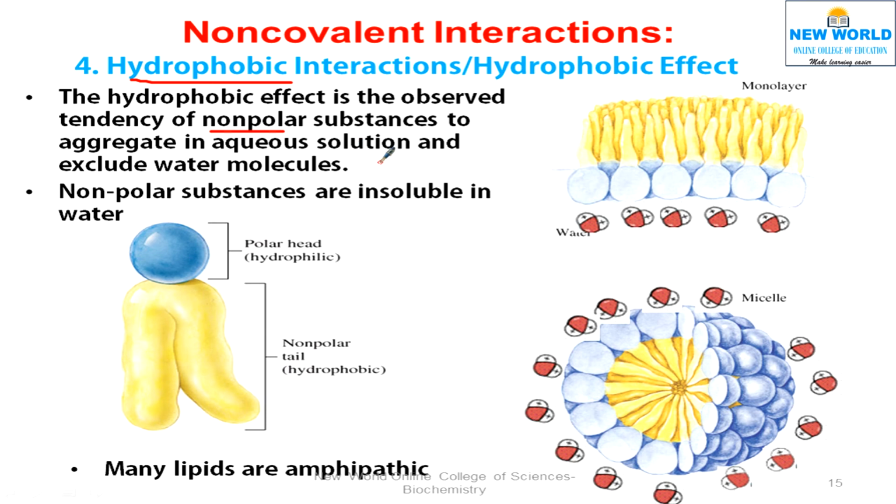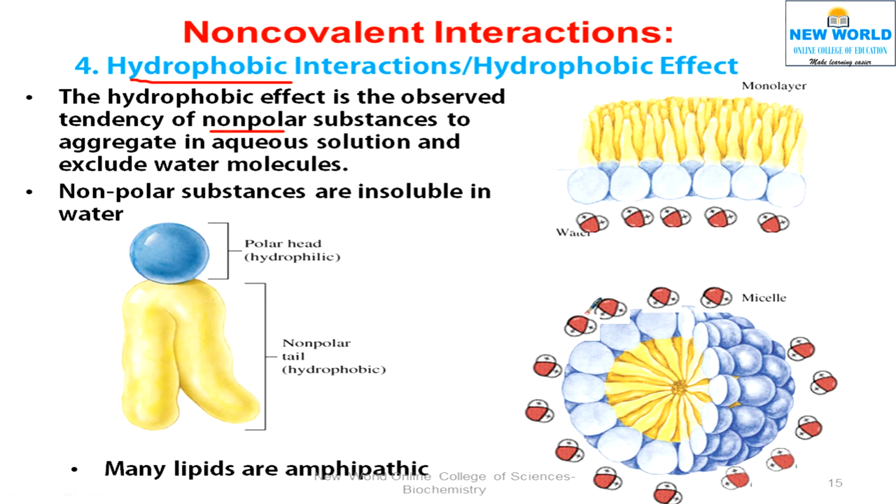If you have a non-polar substance like oil in water, the oil will aggregate, will come together, okay, will cluster together itself, escaping the water molecules. Okay, like what happened here. Look at this diagram. That yellow thing is the non-polar part. They will aggregate. Now the blue part is polar, that's why it's close to the water molecule.